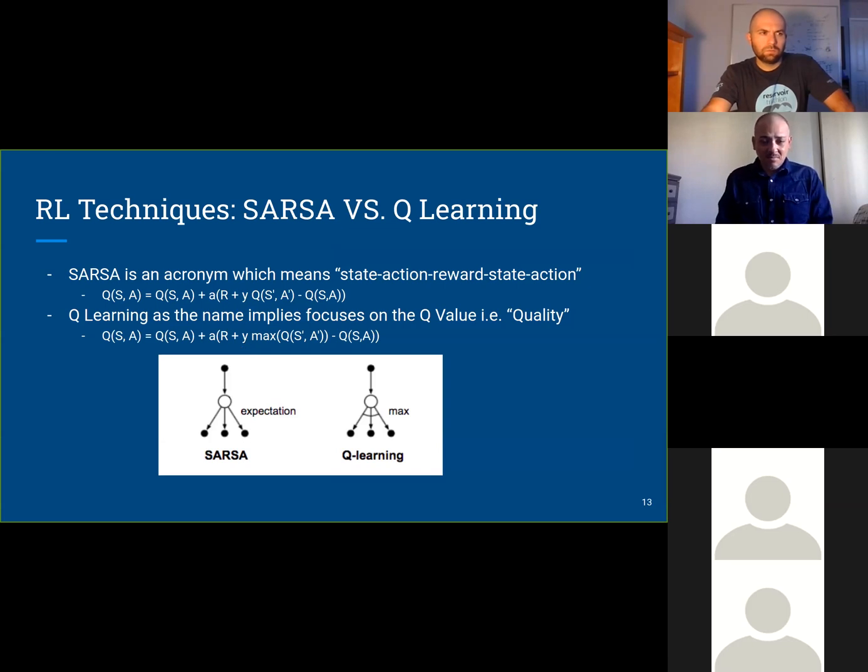In SARSA, gamma is just being multiplied by the quality, the Q function of a future state action pair, or as they're written here, S prime and A prime.